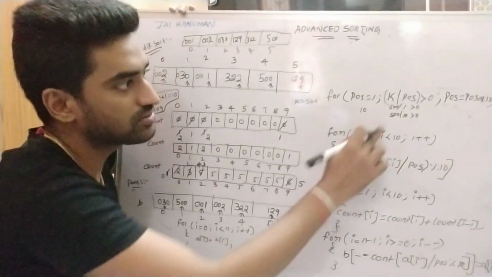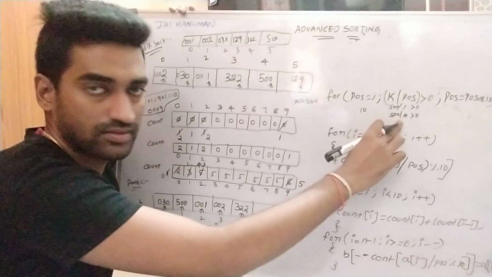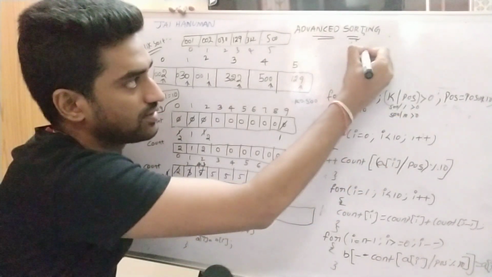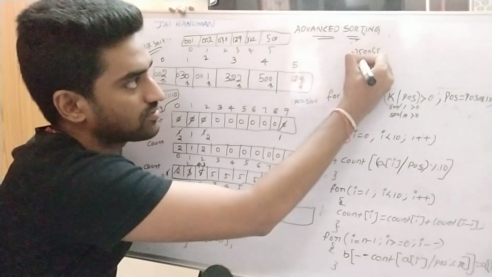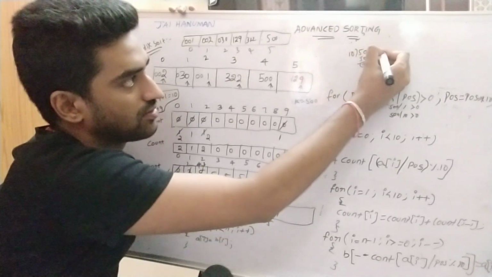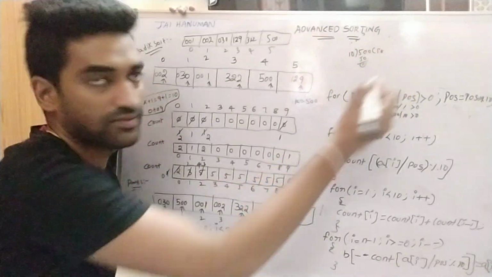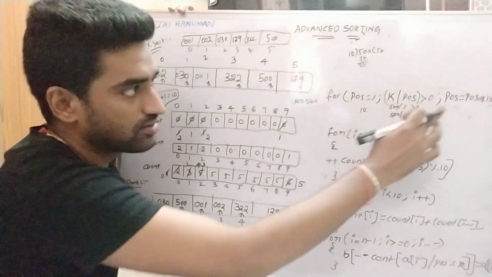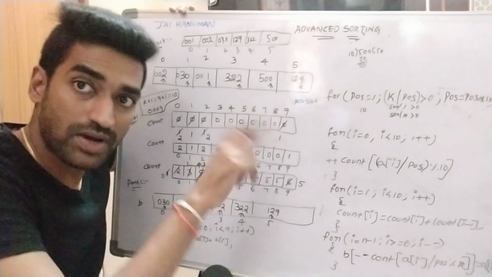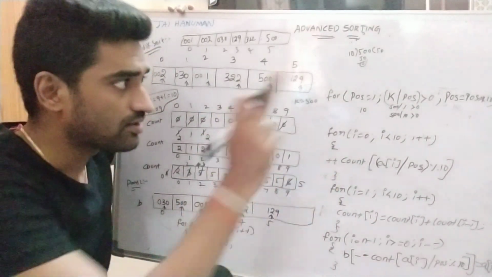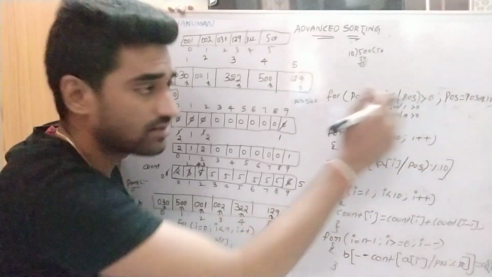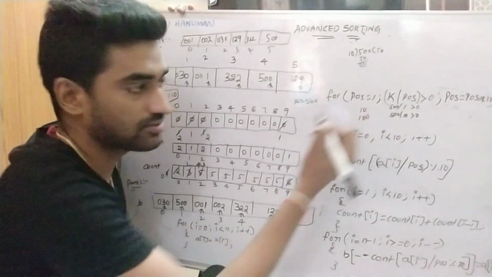So what is the value? 500 by 10 is 50. So 50 greater than 0, obviously we can apply this procedure. After completion of this procedure, pass 2 has been completed, right? Now position becomes 10 into 10, 100.